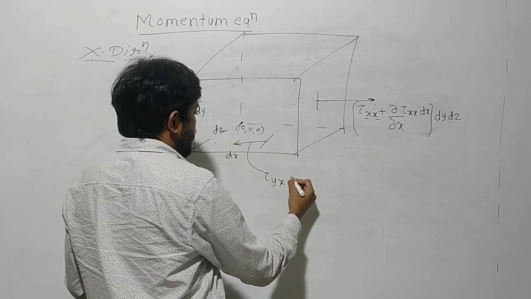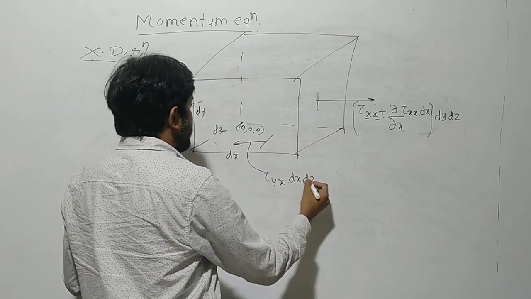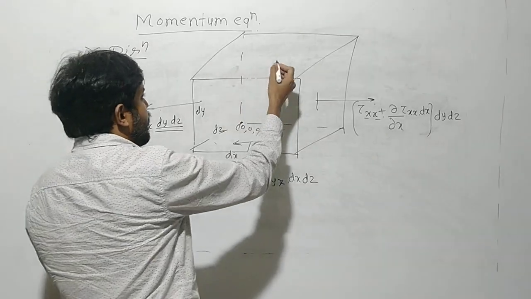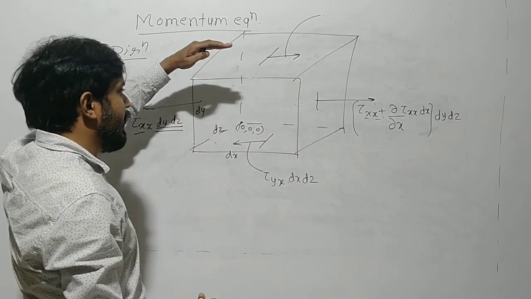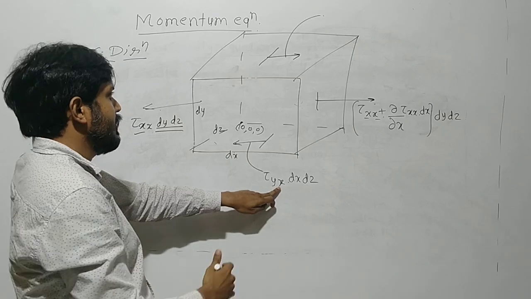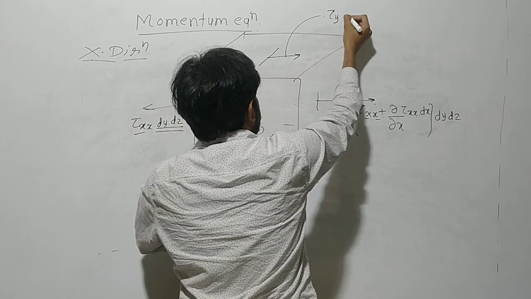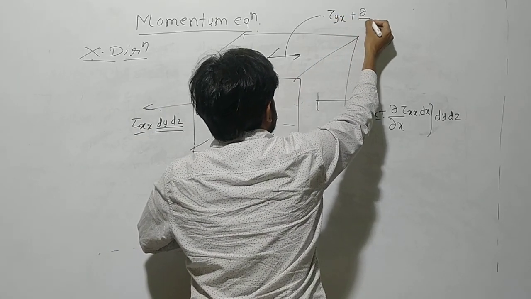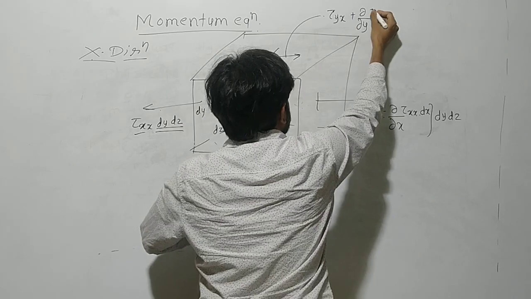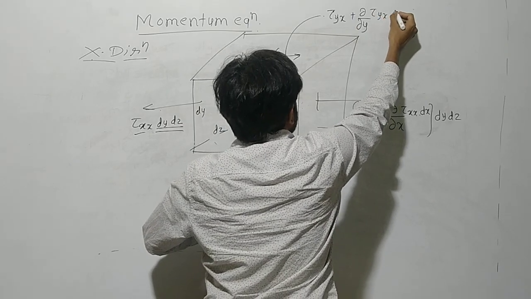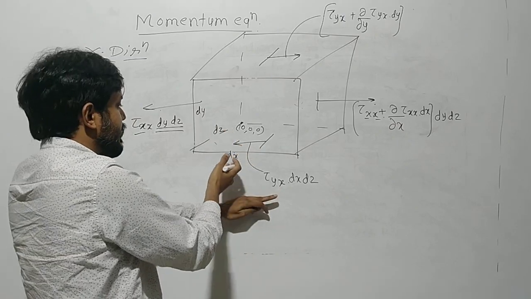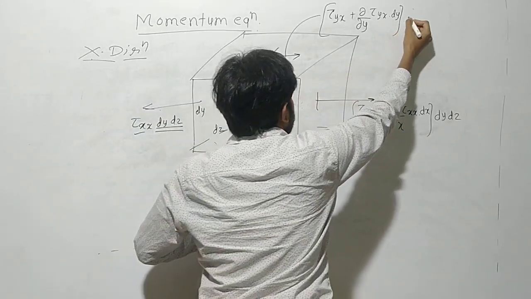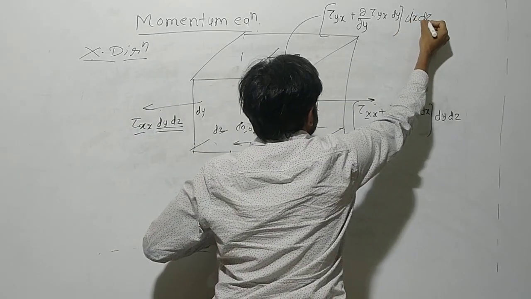For the complementary face, this tau will change in the y direction. So del by del y of tau yx into dy, and the surface area is dx into dz.